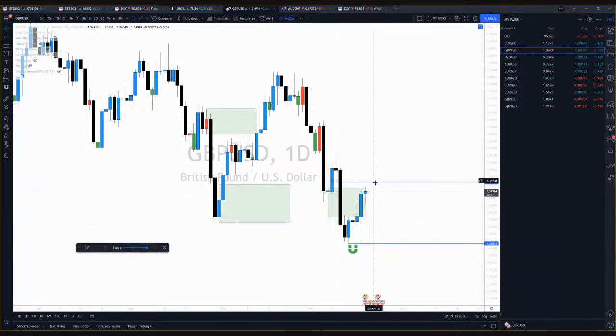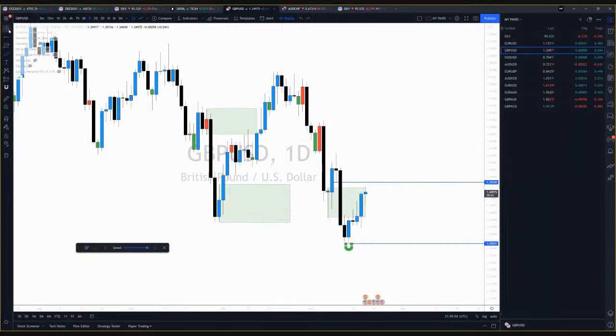So your attention should be the draw on liquidity. Where is price looking to go? Down here. It's not looking to go up, it's looking to go down. This is just a pullback. The big legs are to the downside, the small legs are to the upside. So this is just coming up to go down.